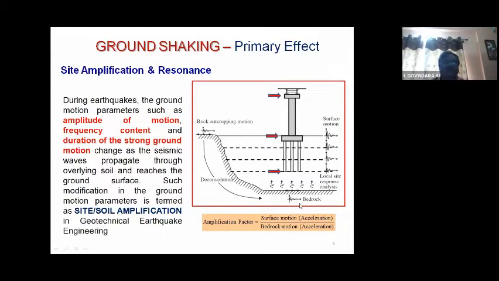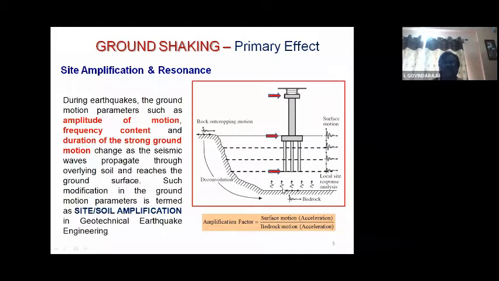So when the ground vibrates due to an earthquake, the ground motions originate at the bedrock and eventually propagate in a vertically upward direction through the overlying unconsolidated, or whatever it may be, consolidated soil layers.